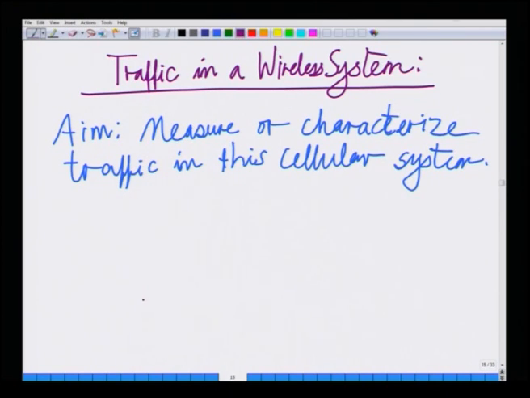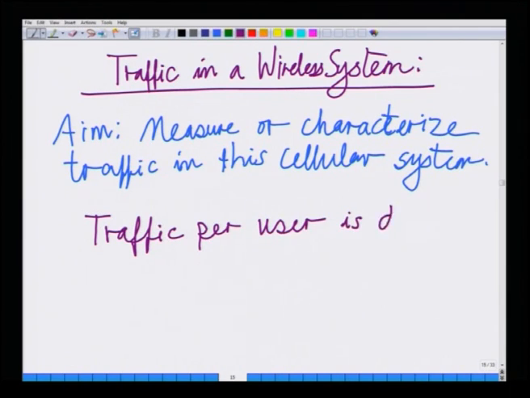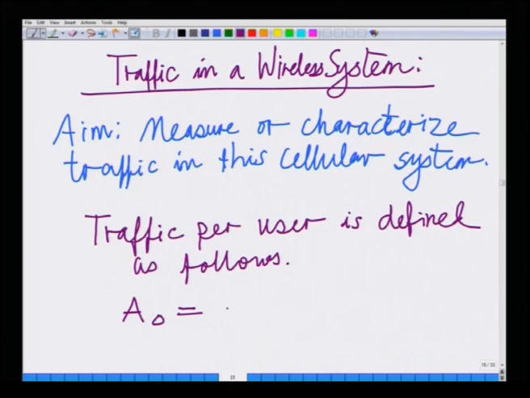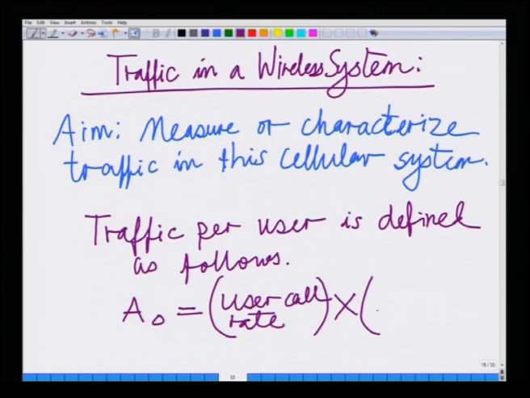The traffic per user is defined as A naught equals user call rate into average call duration.